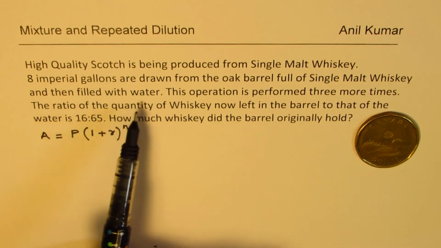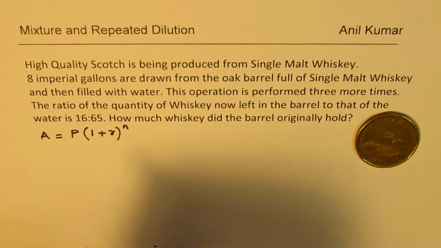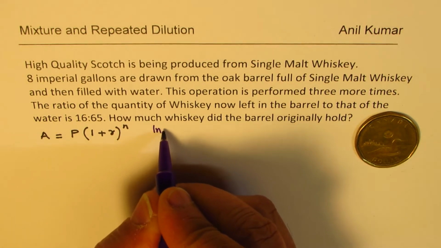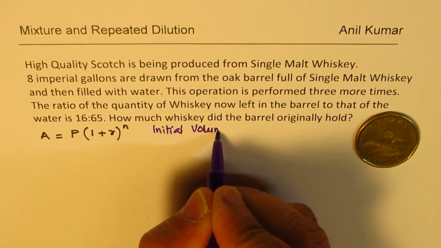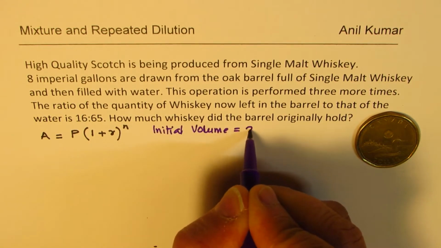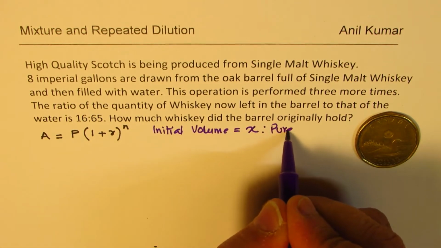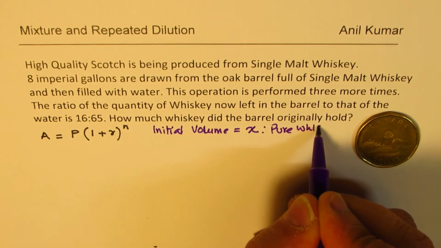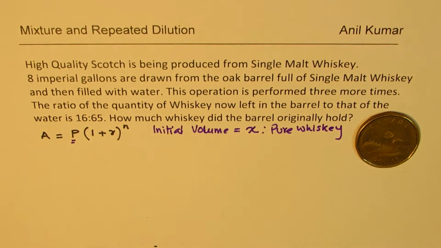That total volume was pure single malt whiskey, so we are starting from pure malt whiskey. We'll say the initial volume, let it be X, pure whiskey. So we started with this value of P, which is X.